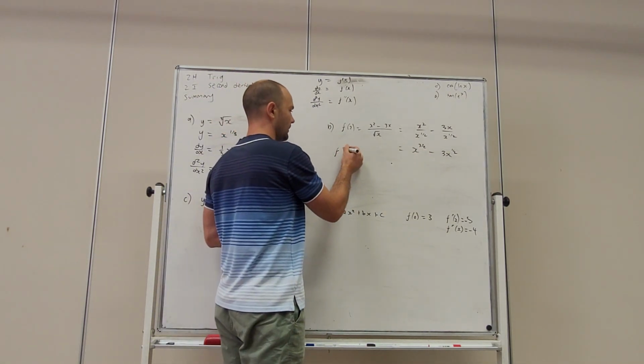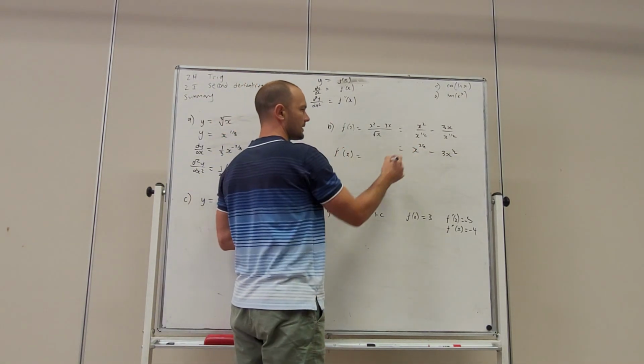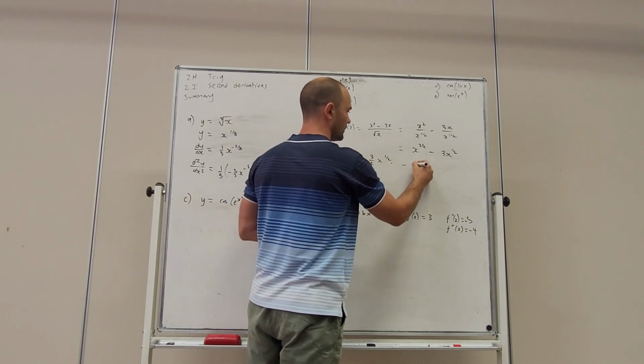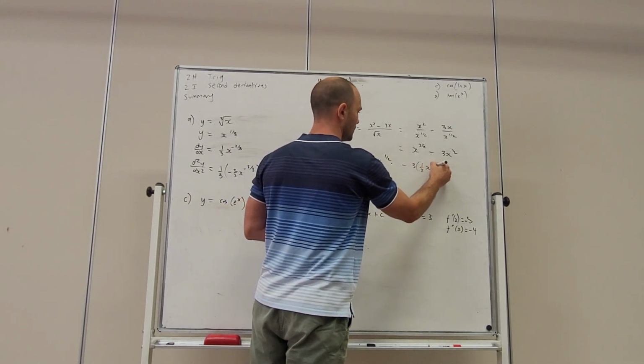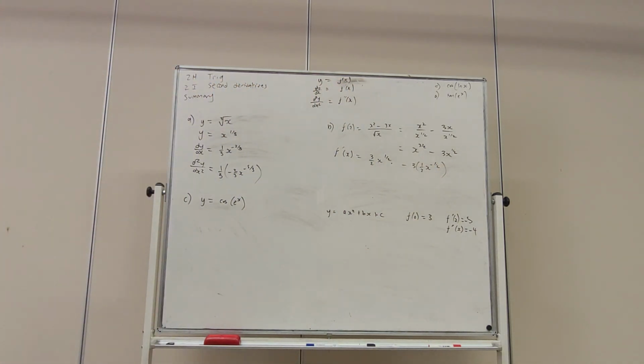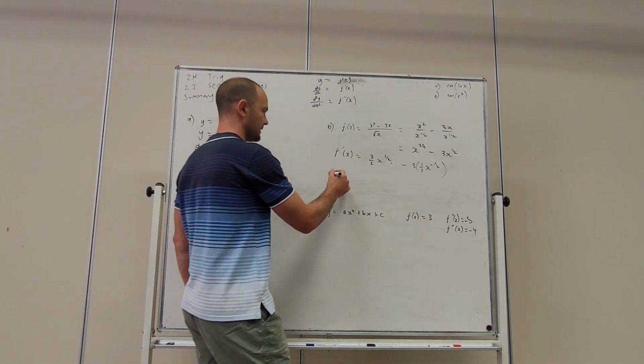All right, we'll just apply the power rule. x to the 3 on 2 becomes 3 on 2 x to the half. All right, so there's our first derivative. And then we will move straight to our second derivative.